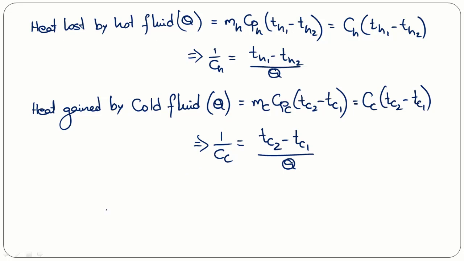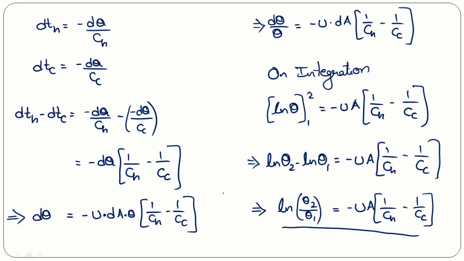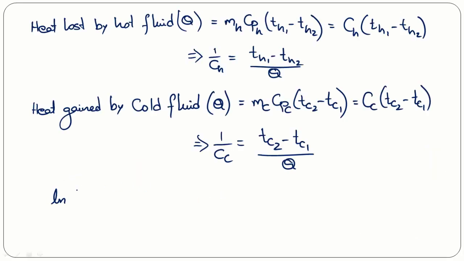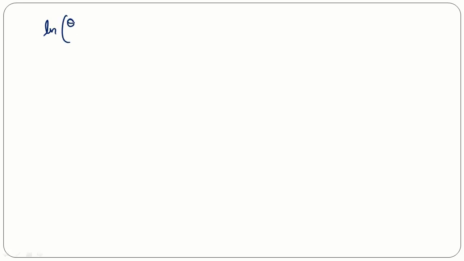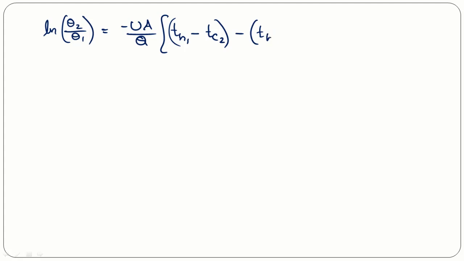Now substituting these two in the formula that we have obtained here, this becomes ln theta 2 by theta 1 is equal to minus UA into Th1 minus Th2 by Q minus Tc2 minus Tc1 by Q. Now, if I take Q common, then this becomes ln theta 2 by theta 1 will be equal to minus UA by Q, and I am rearranging the temperatures like this: Th1 minus Tc2 minus of Th2 minus Tc1.